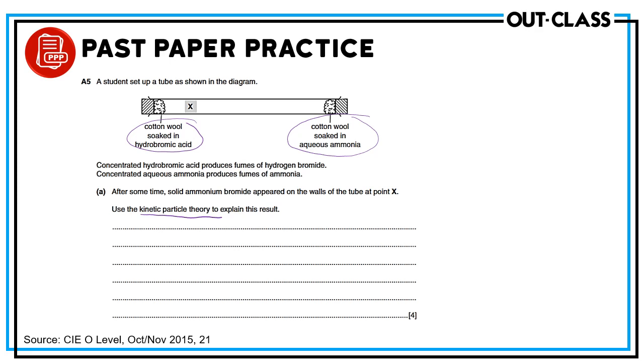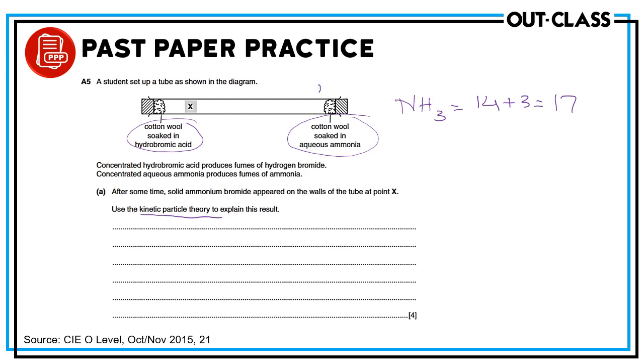Then you have to explain that ammonia is a lighter gas, 14 plus 3, its Mr is 17. Hydrobromic acid is a heavier gas, so ammonia diffuses faster than hydrobromic acid as it is a lighter gas.